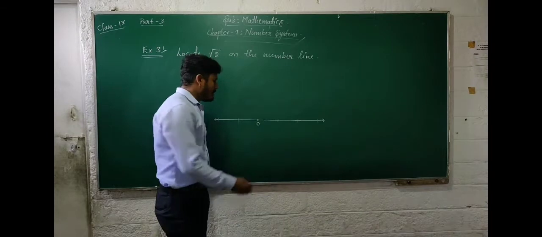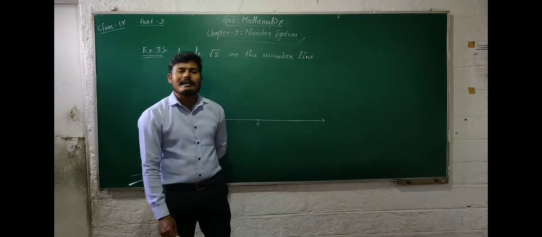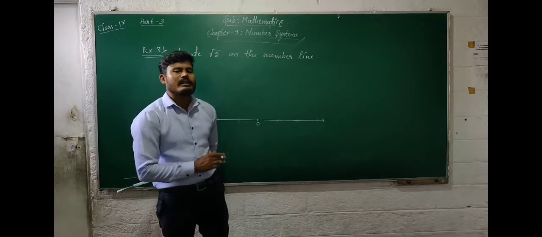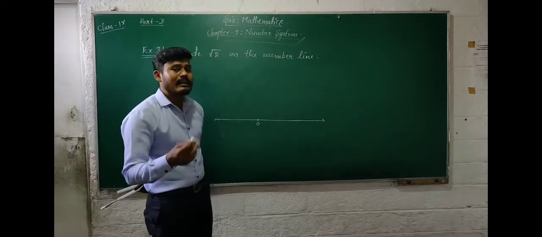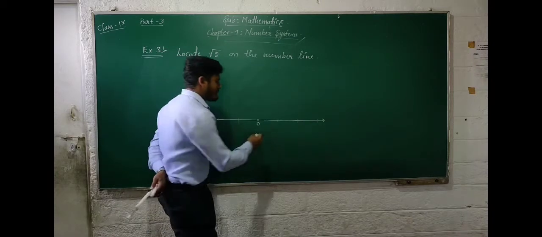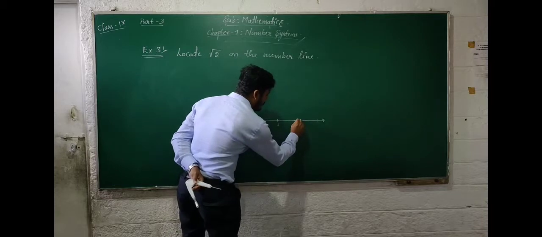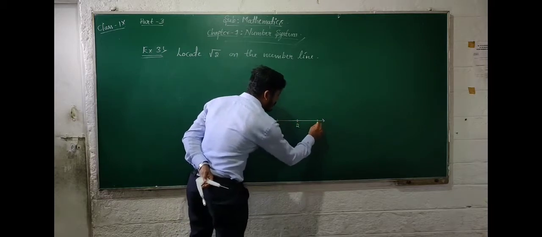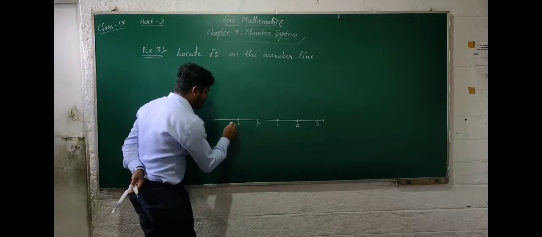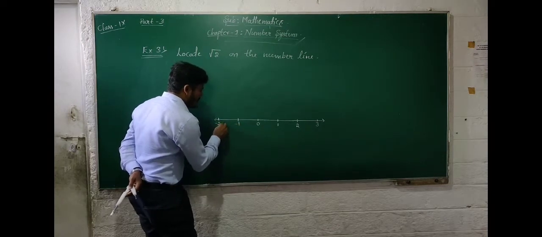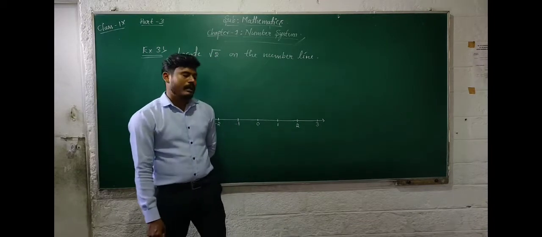The right side from 0 are all called positive natural numbers or positive integers. The left side from 0 are considered negative integers. So here 1, here 2 and 3. Then here -1, -2. So this is called a number line.